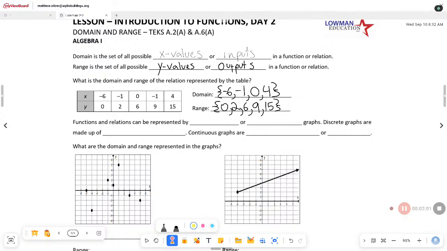And so functions we can have either discrete or continuous. For our graphs, if it's discrete, it's going to be unconnected.